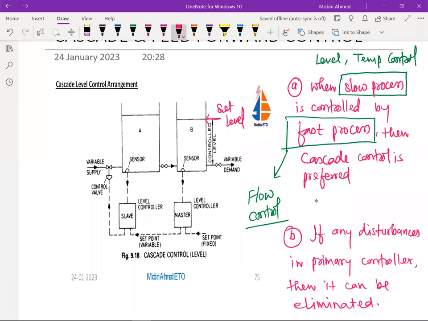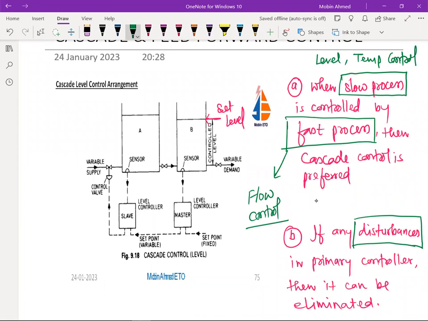Okay, so we are going to eliminate the disturbances, that is the one. So that's why this is preferred. And second, it is being preferred if the slow process is being controlled by a fast process. Okay. So this cascade control.